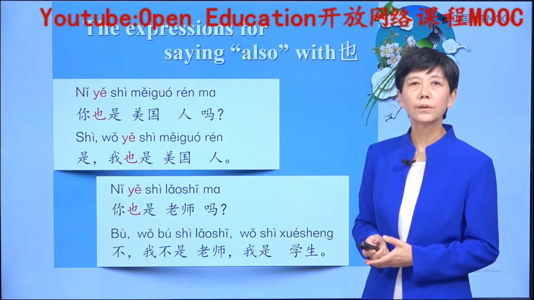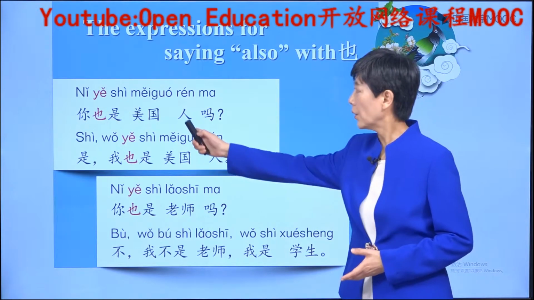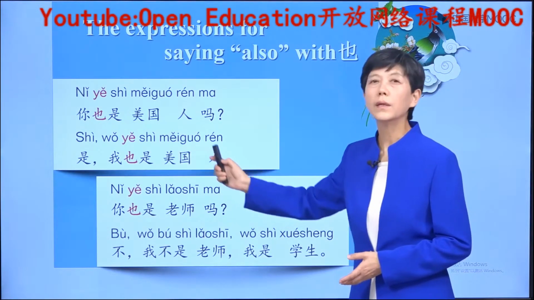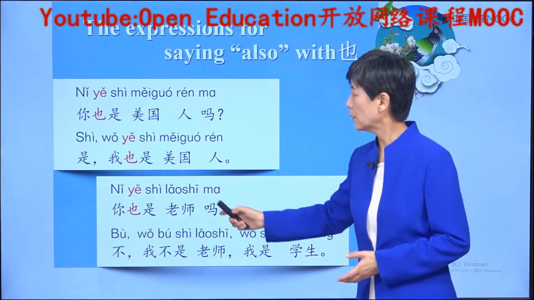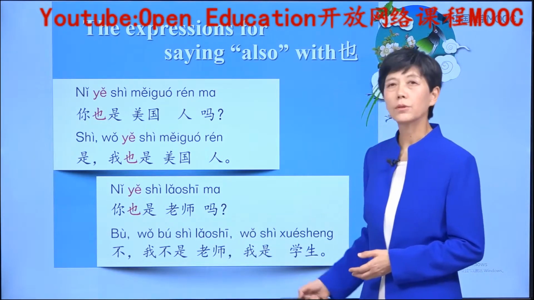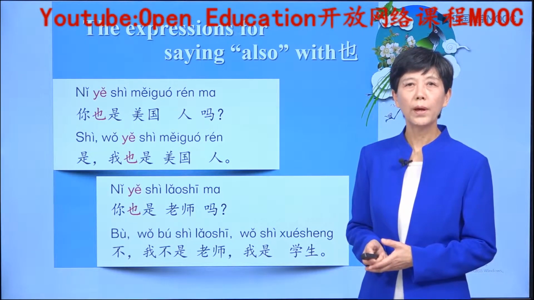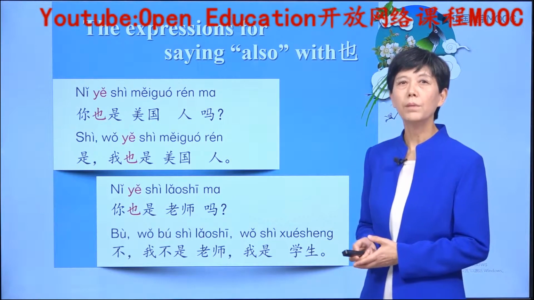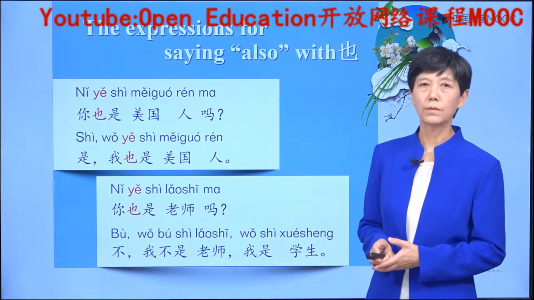Let us take a look at the sentence here. 你也是美国人吗？是，我也是美国人。你也是老师吗？不，我不是老师，我是学生。Can you find where 也 is? Yes, we will add 也 before the verb. Here we put it before 是.